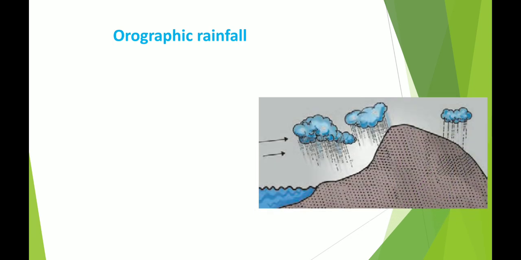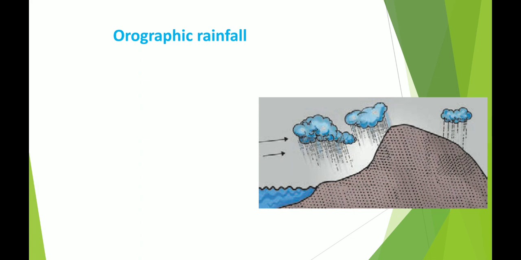Students, observe this picture in the textbook. It is given as figure number 5.5, orographic rainfall. If you see in the picture, winds coming from lakes or seas are moisture laden. Suppose this is the Arabian Sea. From the Arabian Sea, winds come, and these moisture laden winds are obstructed by the high mountain ranges.